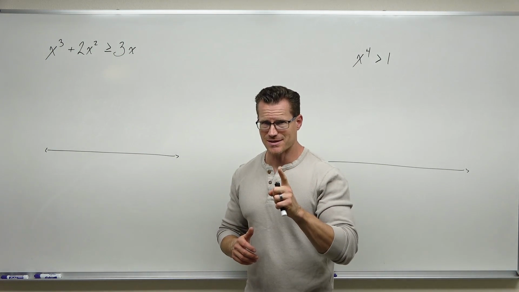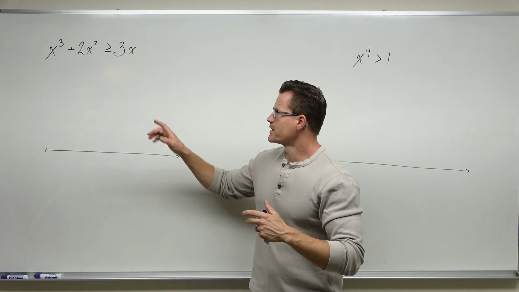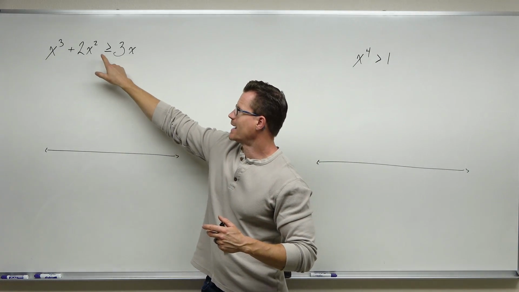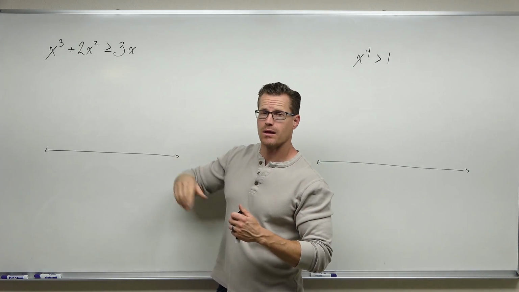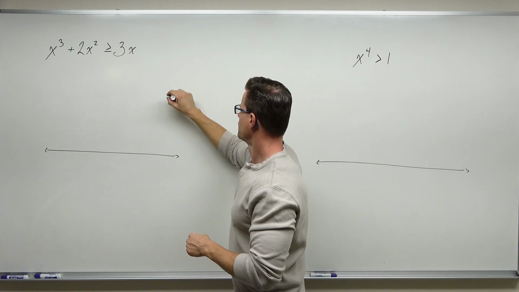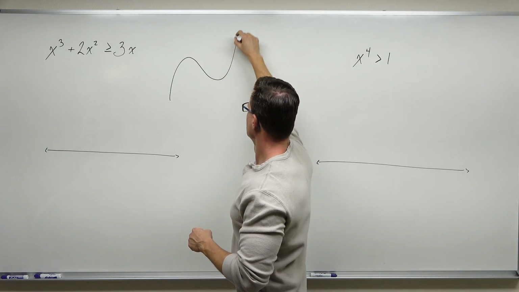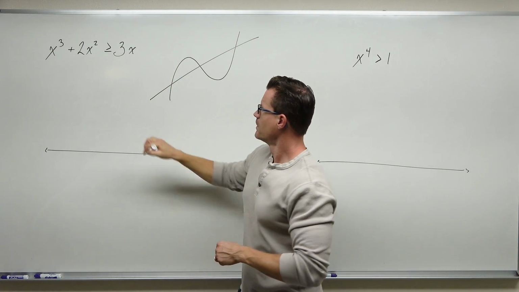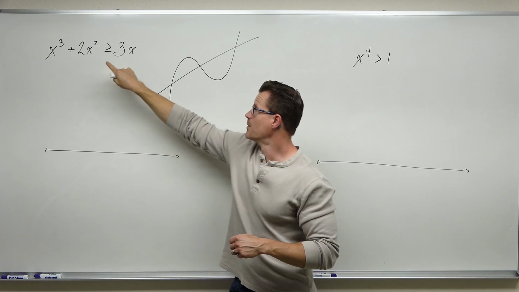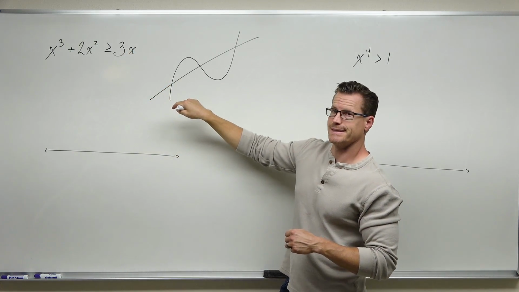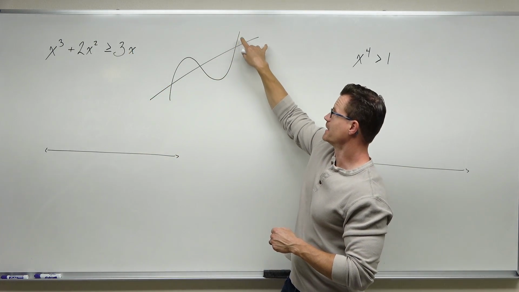One thing you need to know before you pause it is, while this is a cubic and asking where it's greater than a line, it looks like this. Where is this cubic above this line? Here and here.